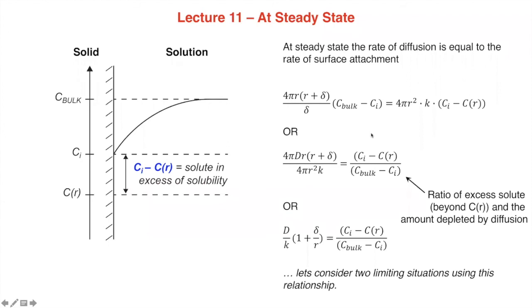So during crystal growth, these two processes become equal to each other. They're at steady state, the rate of consumption and the rate of diffusion end up becoming equal.